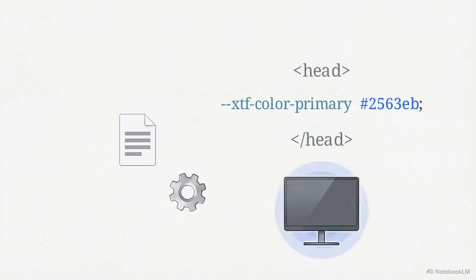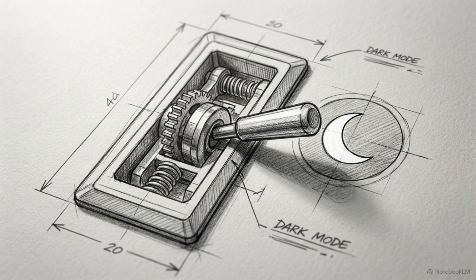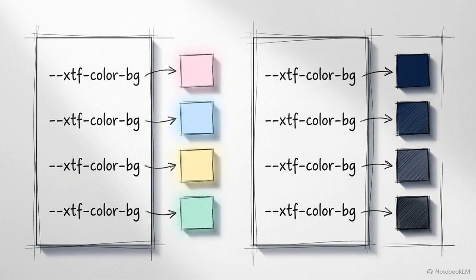The framework reads these JSON tokens, converts them into CSS custom properties, and injects them directly into the page header at runtime. Because the values are controlled by CSS variables, features like dark mode work natively. You just override the variable values for the dark theme rather than maintaining a completely separate overlapping style sheet.